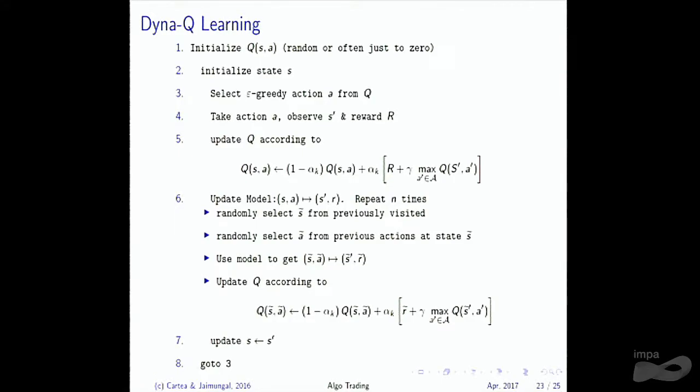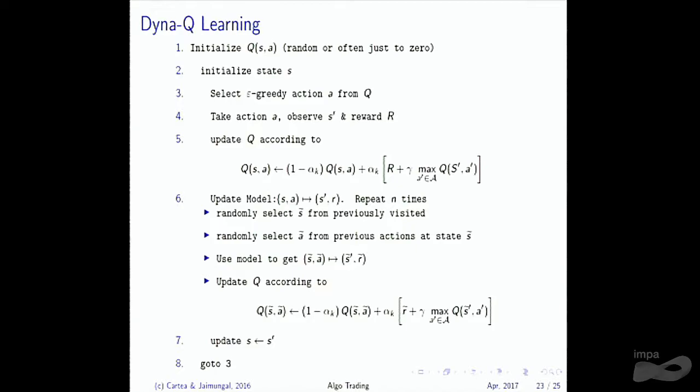Randomly select an action that you've previously taken at that state. You get a particular reward because you know what reward you get when you take that action at that state. You've observed it. And now you update your Q using the exact same kind of formula, except it's from this toy model, from this fake action on the world. And then you just repeat this n times. Then you go and update your system and come back again and act.